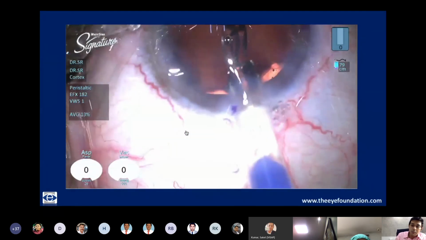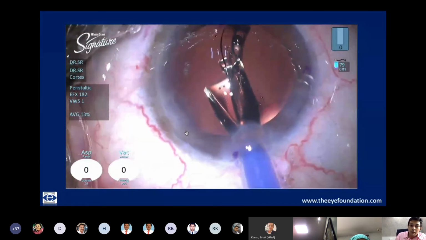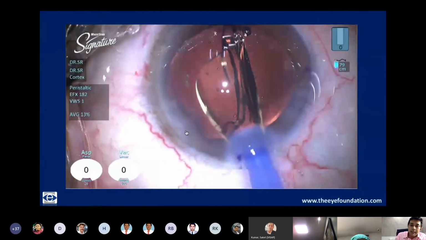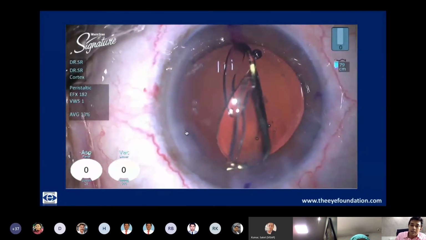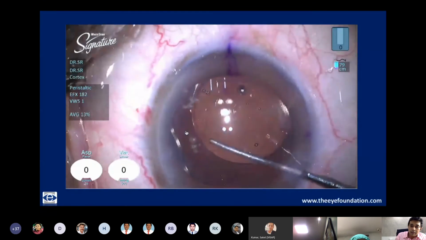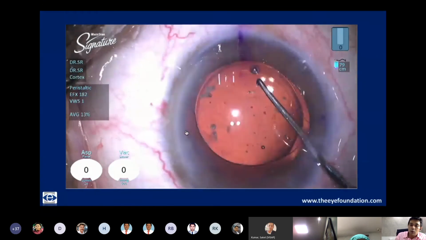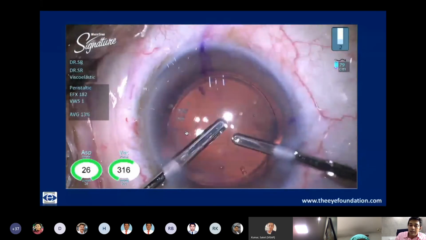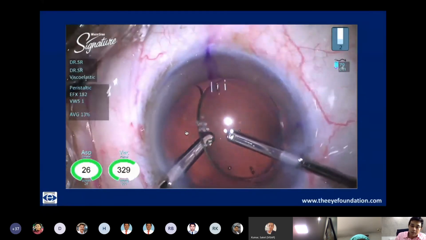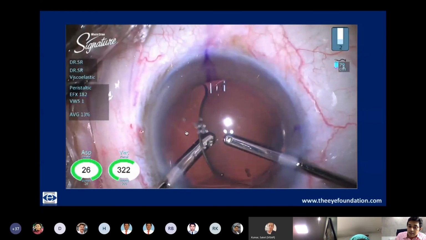This is just the cortex aspiration and the toric multifocal lens going in place. Needless to say, with these lenses, once it is placed and well centered in the bag and aligned into position, I just leave it a few degrees short of the final intended axis. I then do a complete visco wash, including visco removal from beneath the lens as well.